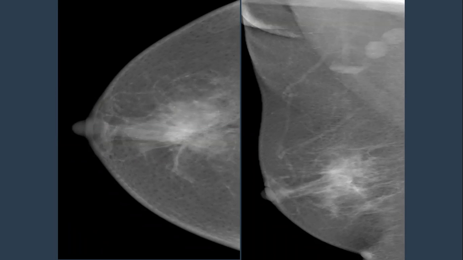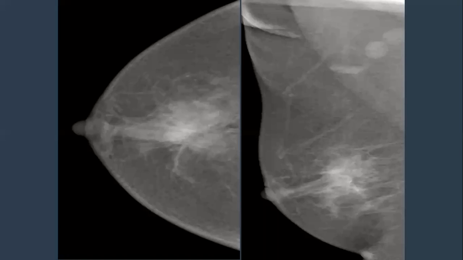Any volunteer? Let us go quickly. There is architectural distortion in the retroareolar area of the right breast.